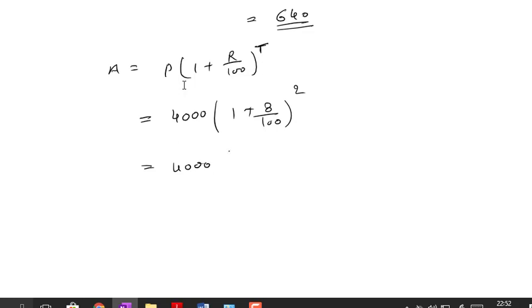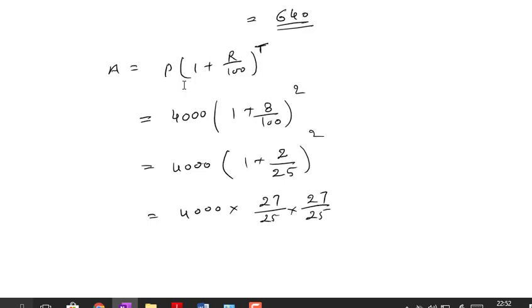Now this gives us 4,000 into 1 plus, now with 4 I can divide numerator and denominator: 4 2s are 8, 4 25s are 100, so 2 upon 25, the whole square. So this is 4,000 into 25 plus 2 is 27 divided by 25 into 27 divided by 25.